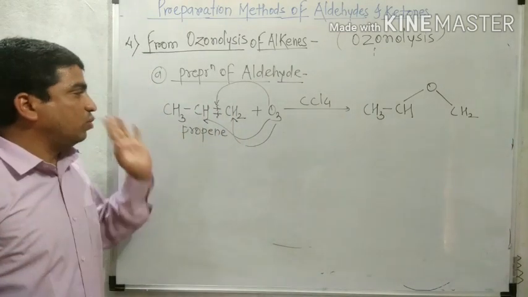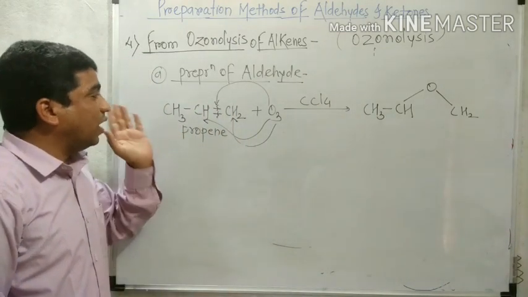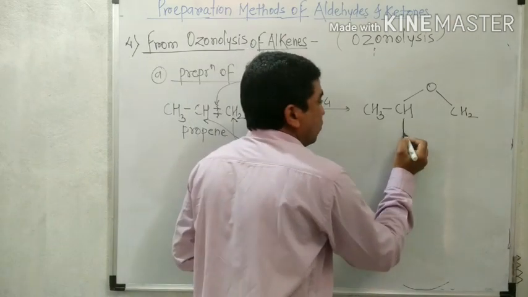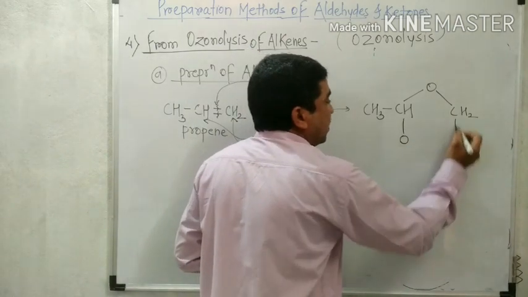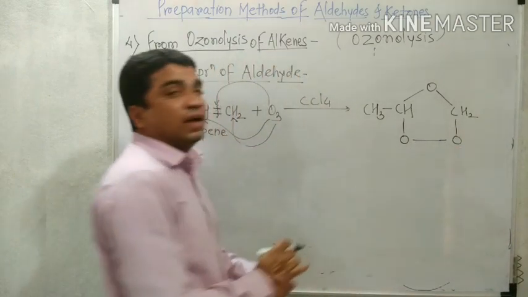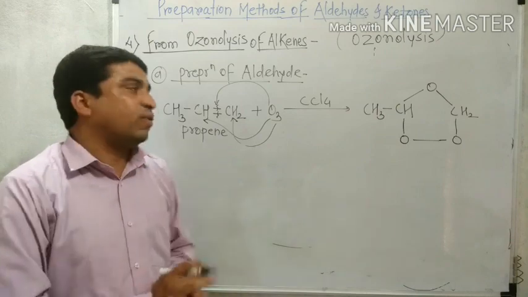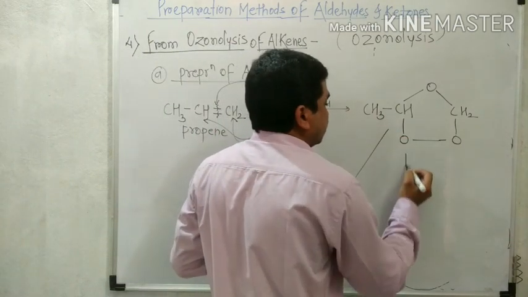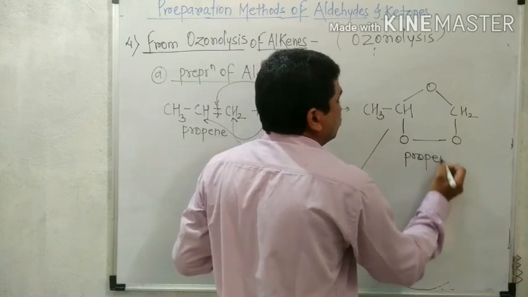One bond undergoes breaking, and the remaining one bond is also broken, because of the remaining two oxygen, one gets added to this carbon, another to this carbon, and oxygen again forms a single bond because of the divalency of oxygen. This type of structure is obtained, the corresponding structure of propene ozonide.